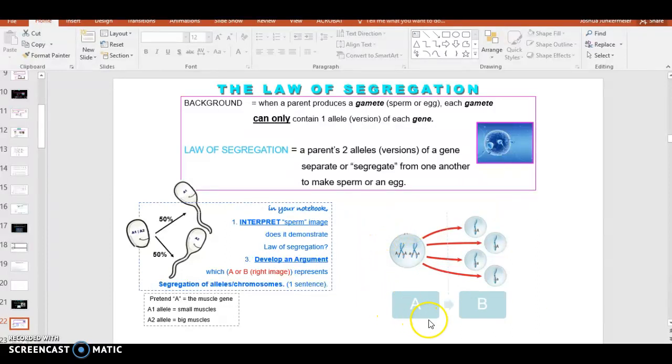So look at it, interpret it, and think about this. You've got to make an argument. Why do you think A, or why do you think the B side, shows the chromosomes and alleles being separated? Just make one confident statement of which one you think it is, A or B, and make sure you explain which side is showing segregation, or the separation of chromosomes and alleles.